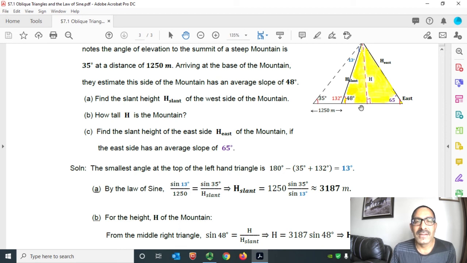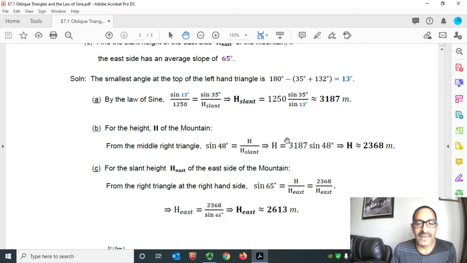If I apply the sine function in this right triangle, then sine of 48 degrees equals perpendicular over hypotenuse, and the perpendicular is the h we need to find out. Perpendicular is h, hypotenuse is the slant height. We know h slant is the value we already found, and h we are going to find out.